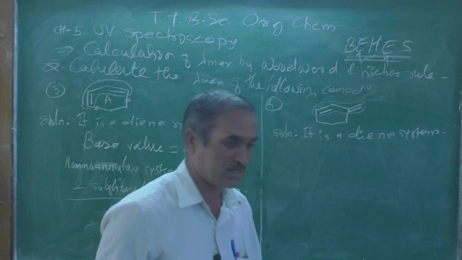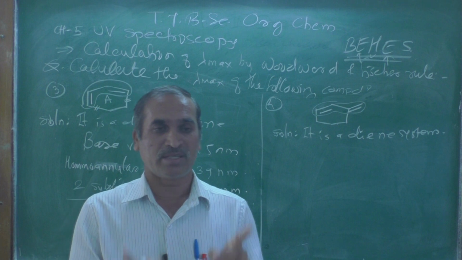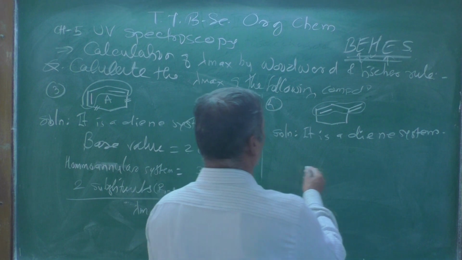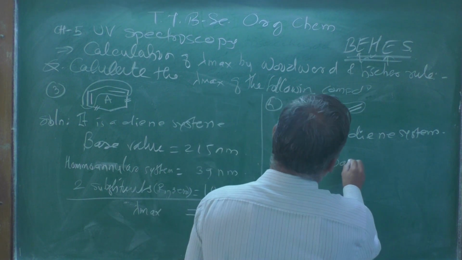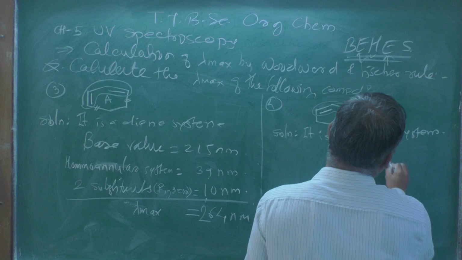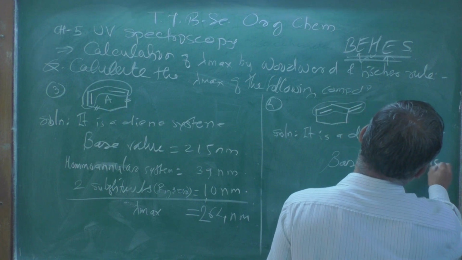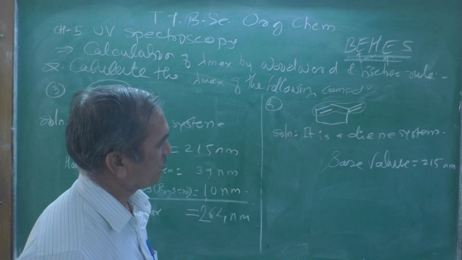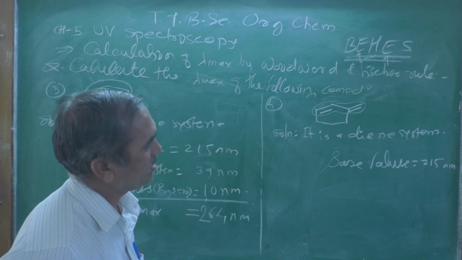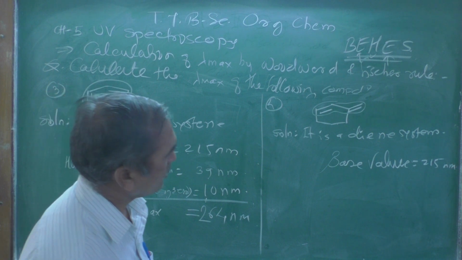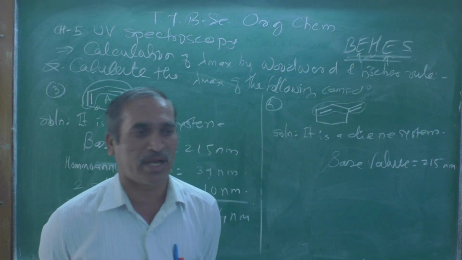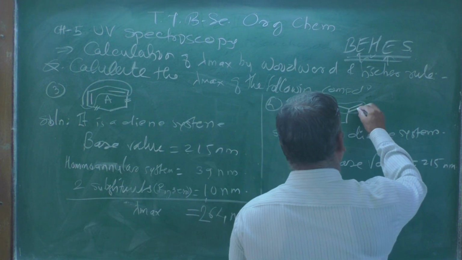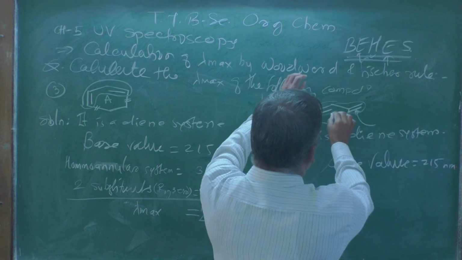Now it is a diene system, and we know that a diene system has only one base value. The base value should be 250 nanometer. It is a fixed value. Now see over here, E stands for exocyclic. Is there an exocyclic double bond present? Yes. Look, this is a ring.